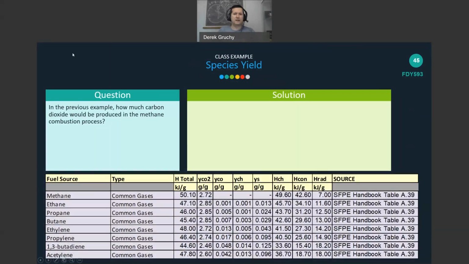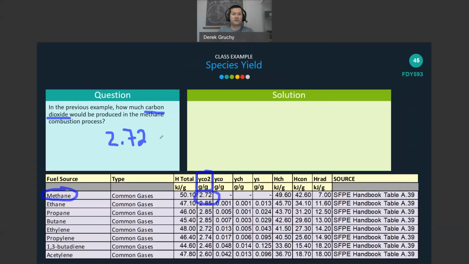Here, and we'll just circle over. We've got the methane, and we want to know how much carbon dioxide is produced when we burn methane. And so we're going to look for the carbon dioxide production, and we look for methane, and we have 2.72.